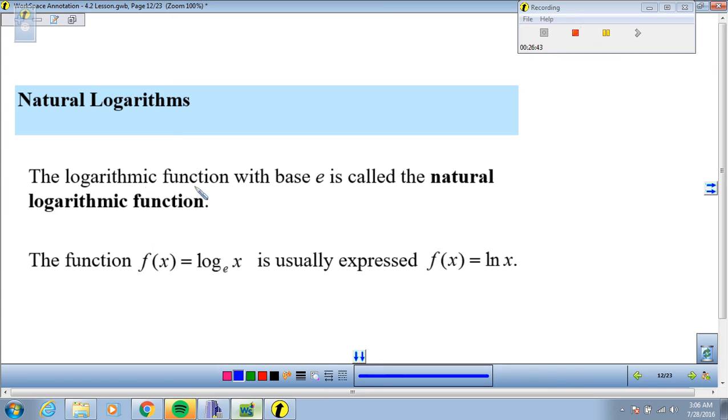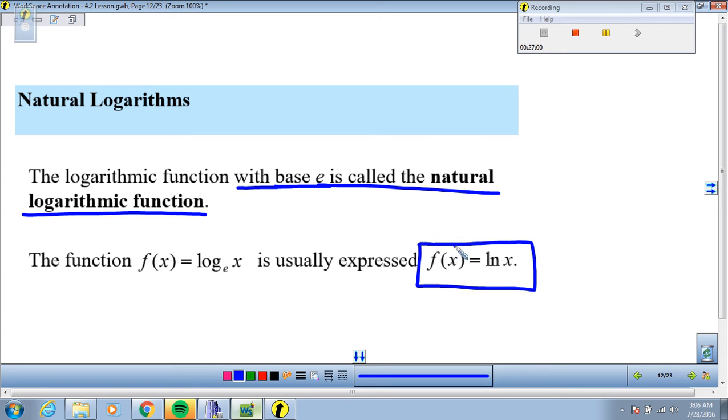The logarithmic function with base e is called the natural logarithm function. But you're never going to see the base e actually shown in the natural logarithms. The way to write a natural logarithm is this way: LN. LN stands for natural logarithm. Okay.